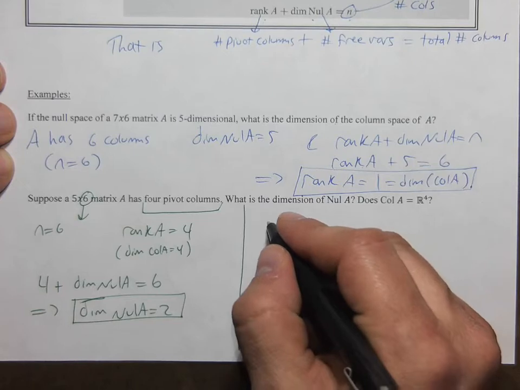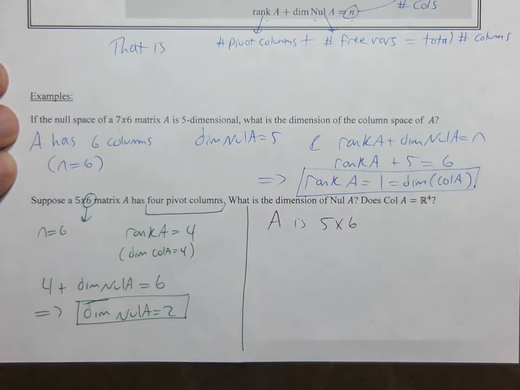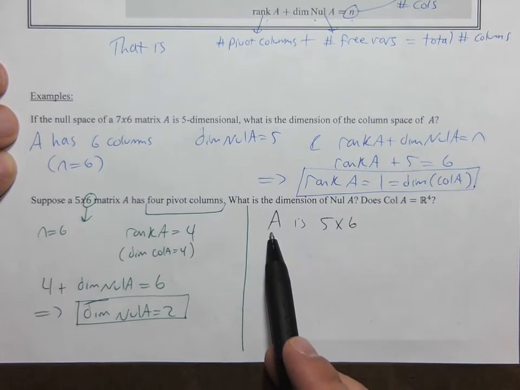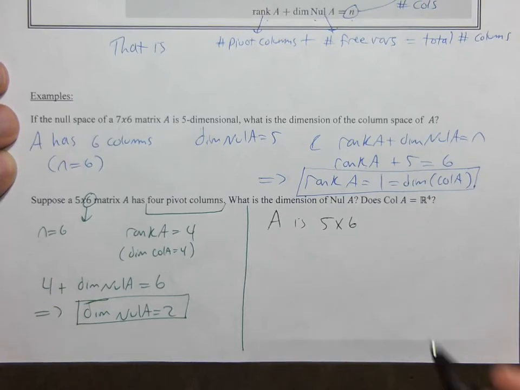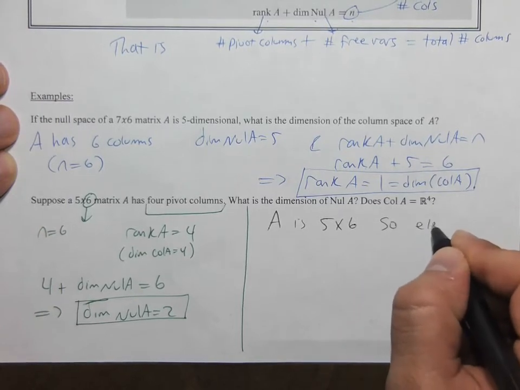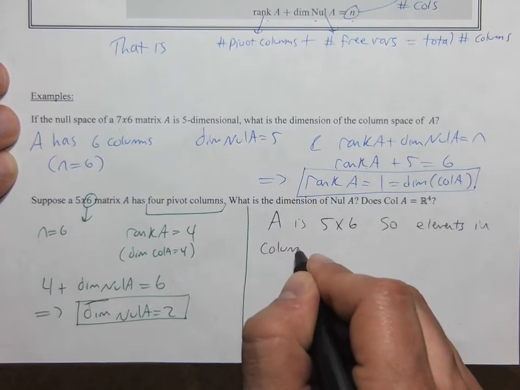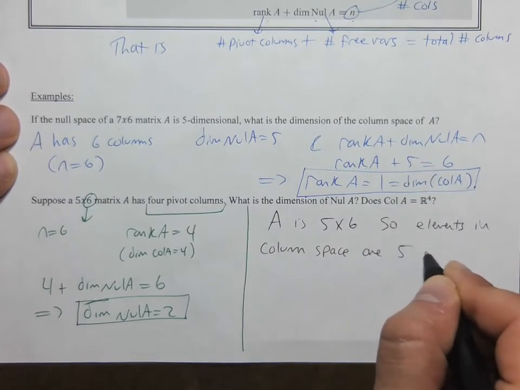So the idea here is A is a 5 by 6, right? And so if you wanted to multiply something by A, it has to be 5 by 1. And things in the null space, you multiply by A. And so A is 5 by 6, so that means elements in the column space are going to be 5 by 1.